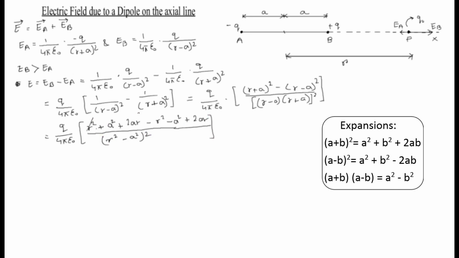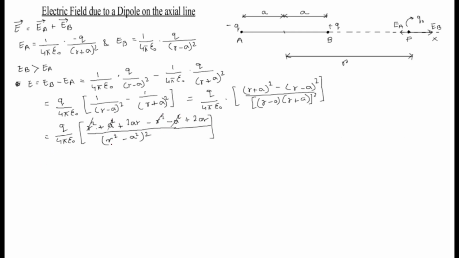So this R square gets cancelled out with this one, this a square gets cancelled out with this one, so we are left with, I'll write over here only, 1 by 4 pi epsilon naught into q, here comes 4aR, divided by the denominator, which remains as usual, like that, right?